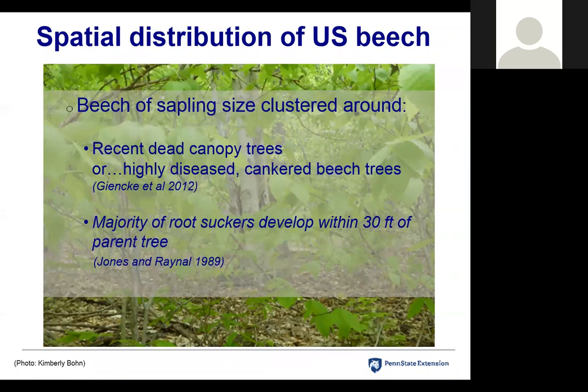So if you look across a stand, sometimes you will see a very clustered or variable distribution of beech in an understory, and it can sometimes be dependent on how much root sucker development has formed around any of those lingering beech in the aftermath forest. Sometimes obviously you have very, very dense patches, and then you could have places maybe where there wasn't beech in the overstory where you wouldn't have much root sucker development.